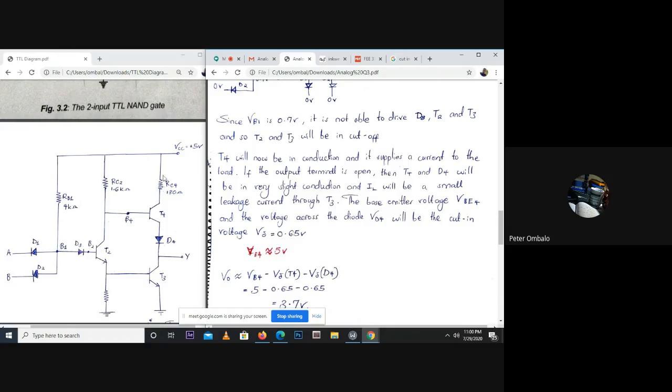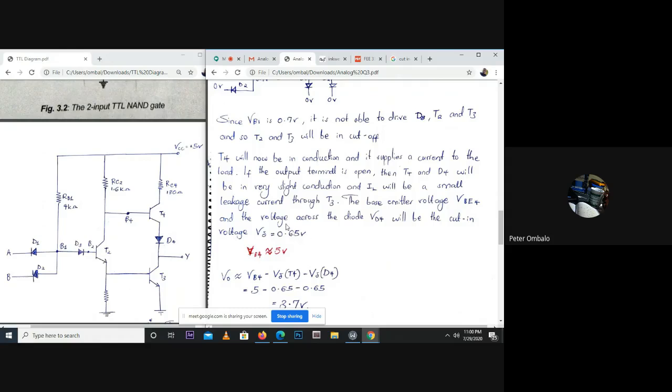IL is the small leakage current flowing through T4, D4, and T3. The base-emitter voltage VBE4, that's transistor 4, and the voltage across the diode, VD4, will be at cut-in voltage.